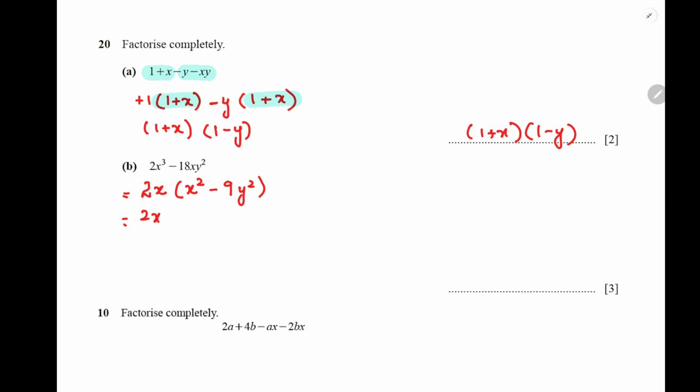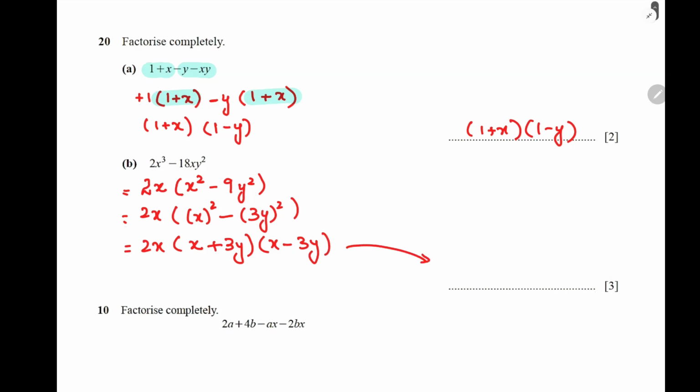I can factorize it by the identity. This is x squared negative 3y whole squared. So this is the identity a squared negative b squared, so it would be a plus b and a minus b. So my a is x, and it would be x plus 3y and x minus 3y. So this will be my answer. I'm not writing it here.